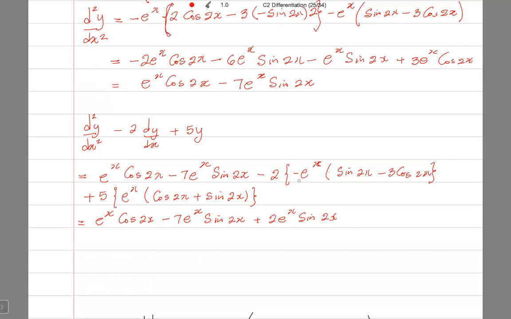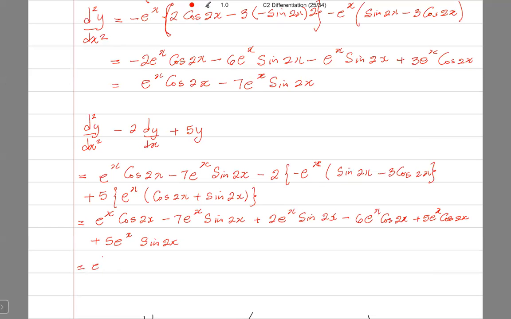Three negatives, 1, 2, 3. 2 3s are 6. So this is negative 6 e to the x cosine 2x plus 5 e to the x cosine 2x plus 5 e to the x sine 2x. Now all we have to do is group everybody.